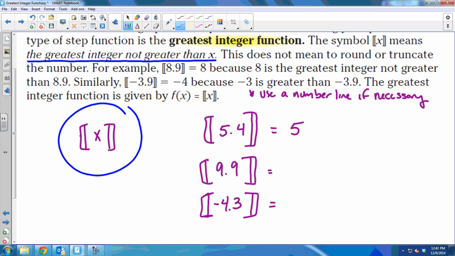The greatest integer, the largest one, that's not larger than 5.4 is 5. For 9.9, the greatest integer not larger than 9.9 is what? 9.